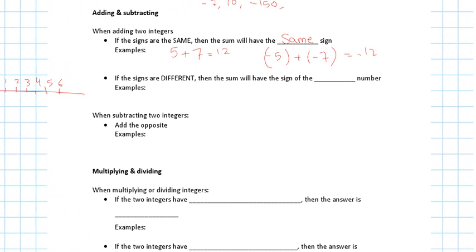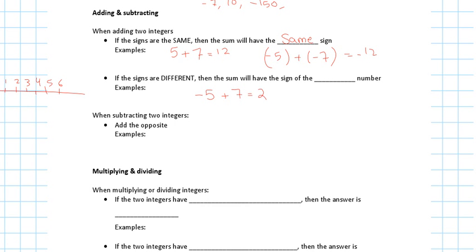What happens if the signs are different? It depends on the bigger number. Let me give you an example. I have negative 5 and I'm adding 7. Am I going to end up with a positive or a negative answer? Positive, that's right, because the bigger number is positive.